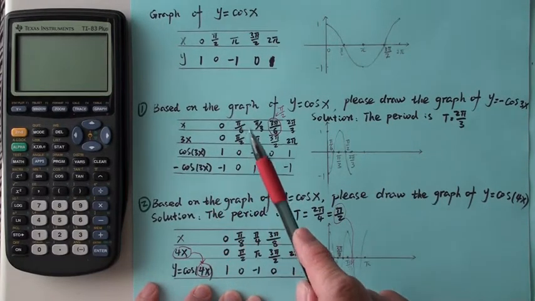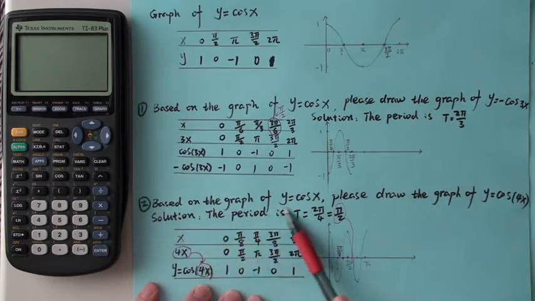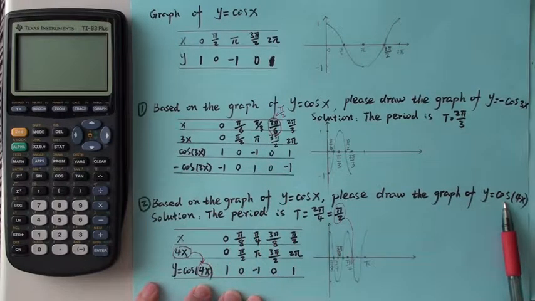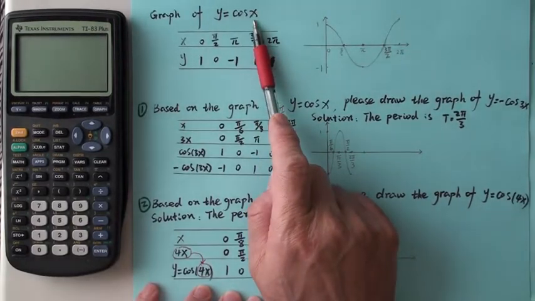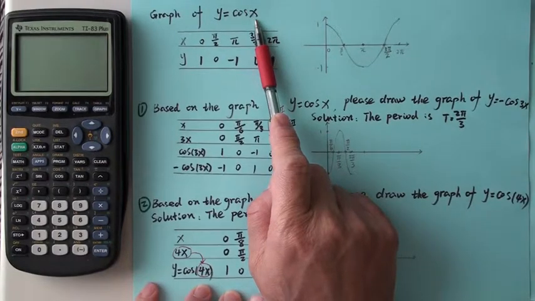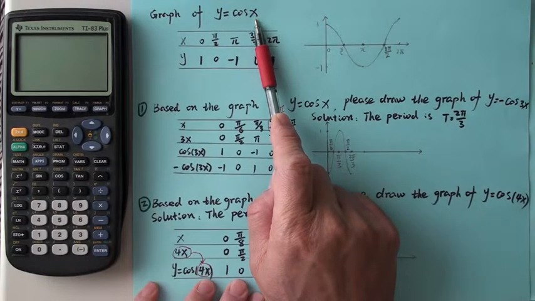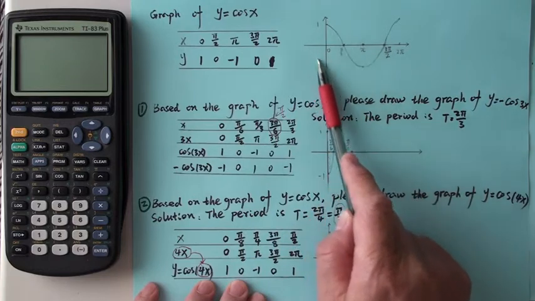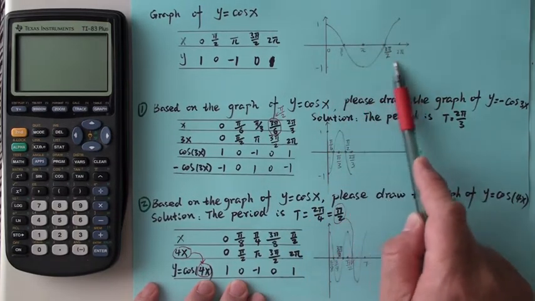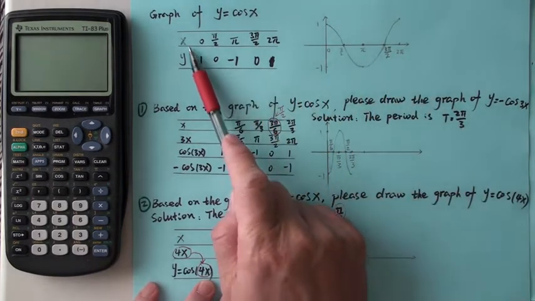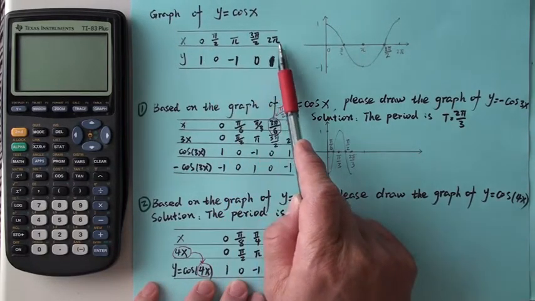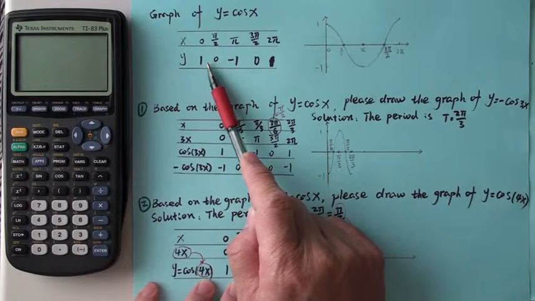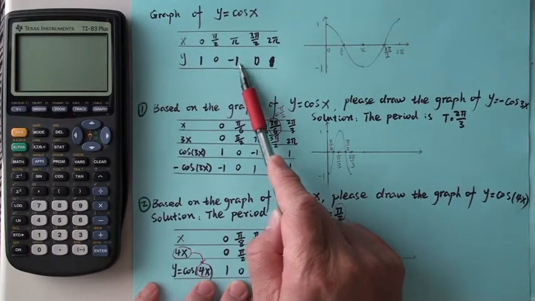We need to first look at this example, y equals cosine 4x, but we know we need to understand y equals cosine x first. This is the graph of y equals cosine x. When x equals those 5 different values, we have y equals 1, 0, negative 1, 0, 1.